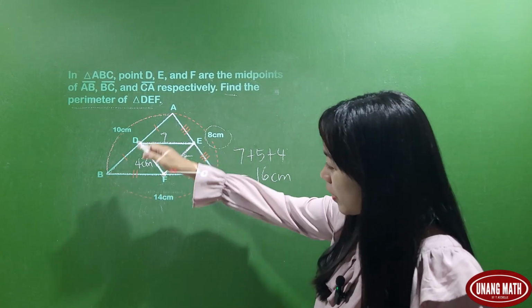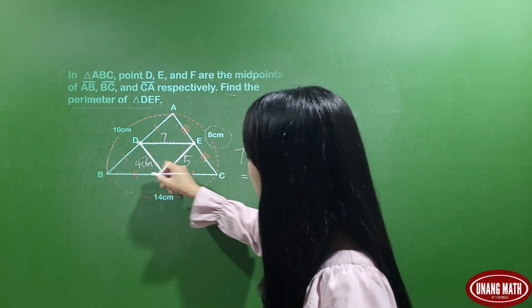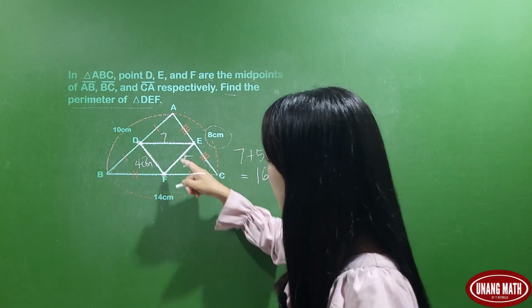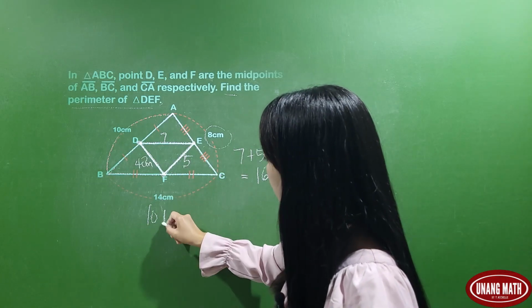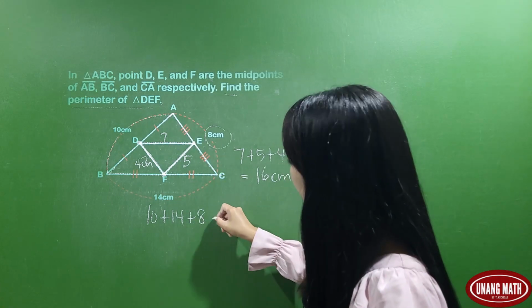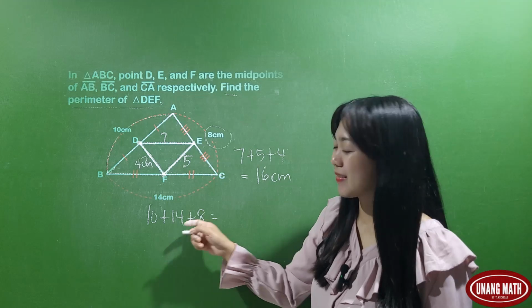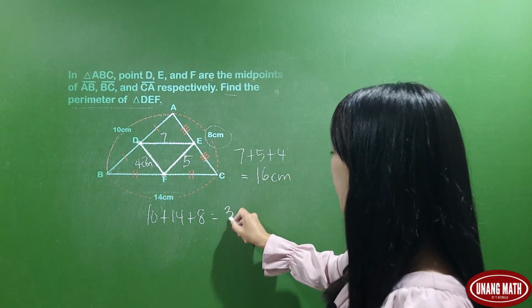Okay, and if you take a look at this figure properly, if we get the perimeter of the bigger triangle ABC, this is 10, this is 14, and this is 8. So 10 plus 14 plus 8 is equal to 32.